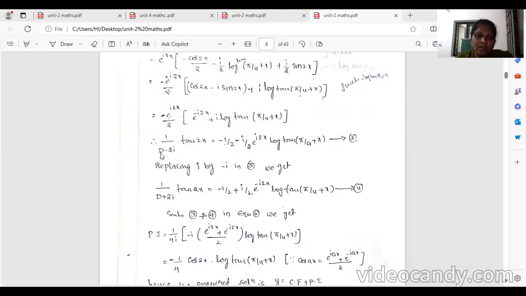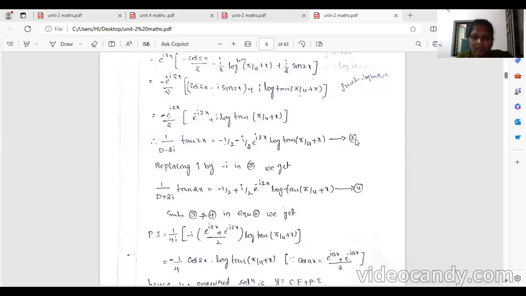So this means 1 by D minus 2i tan 2x equals, so adding these bases equal, adding powers, e power i2x minus e power minus i2x, e power 0. So e power 0 means 1. 1 into minus 1 by 2 minus 1 by 2 minus i by 2 into e power i2x log tan pi by 4 plus x.